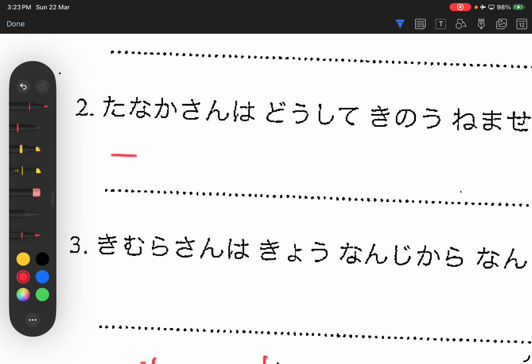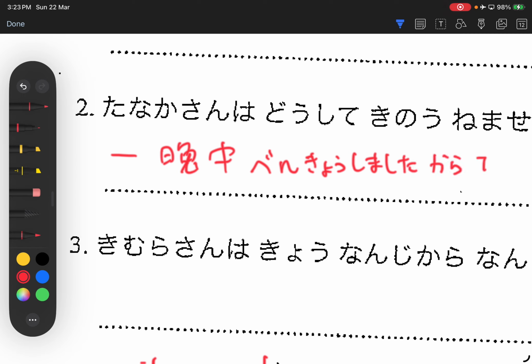So 一晩中勉強しましたからです. So we write that in kanji. If you want to write in hiragana also can.